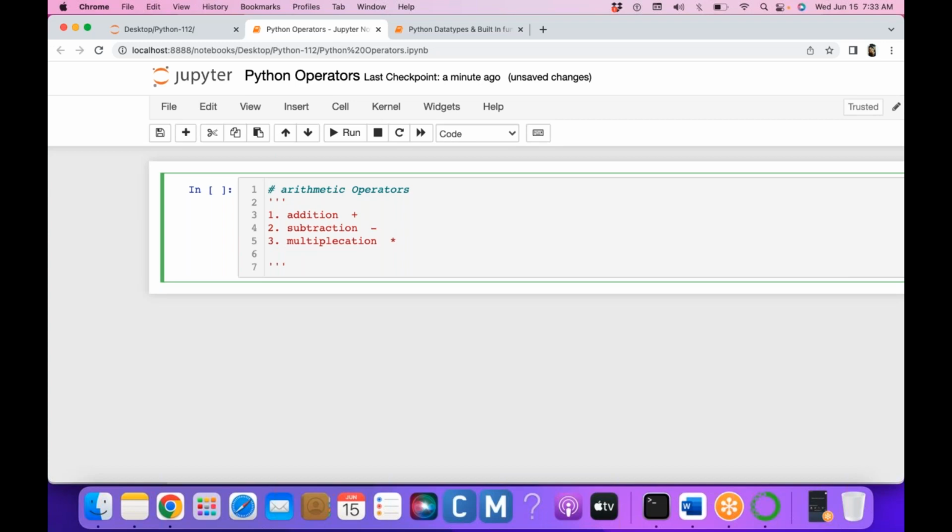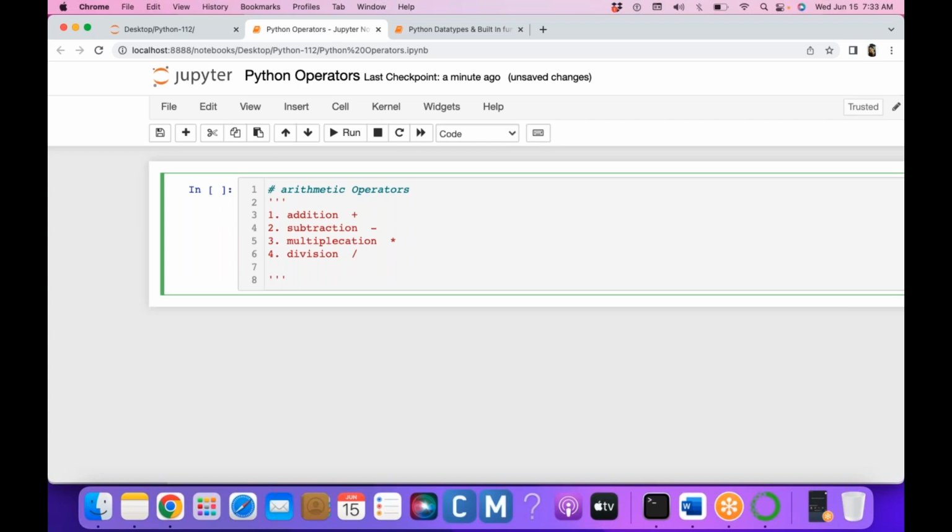And if you want to get the quotient, that is a division operation. When you divide one number by another, you get the quotient, and to get it we use the slash operator.